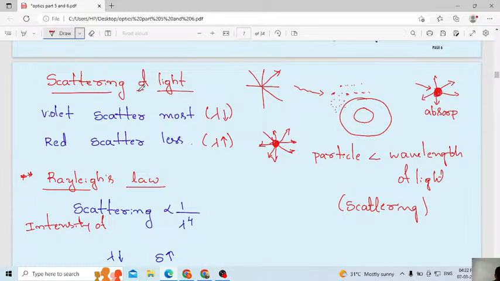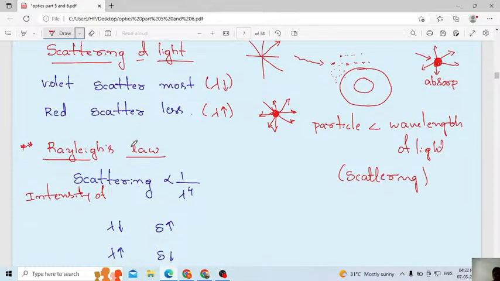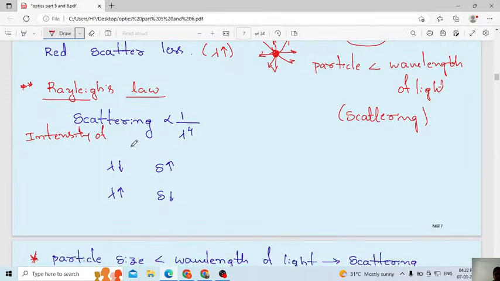That we consider scattering of light. Violet scatters most because of the less wavelength, and red scatters less because of the more wavelength. That you have to remember.